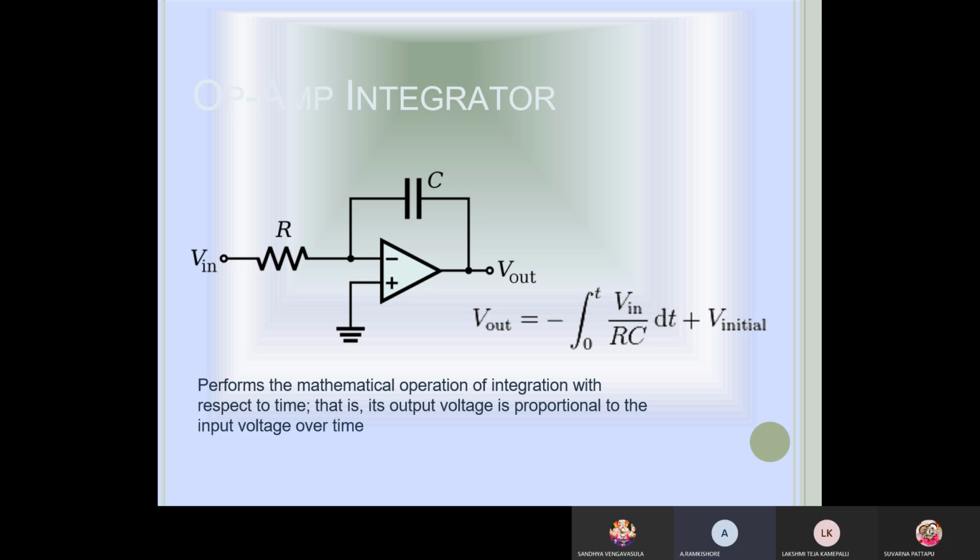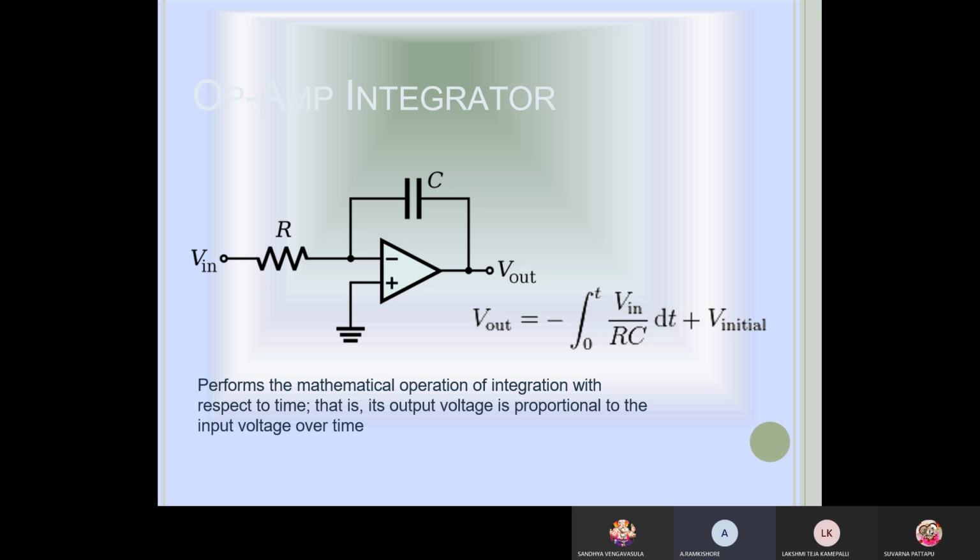It can be used as an instrumentation amplifier, an AC amplifier, a voltage to current converter, a current to voltage converter, a sample and hold circuit, a multiplier and divider, differentiator and integrator, comparator, Schmitt trigger, multivibrator, and a voltage regulator.